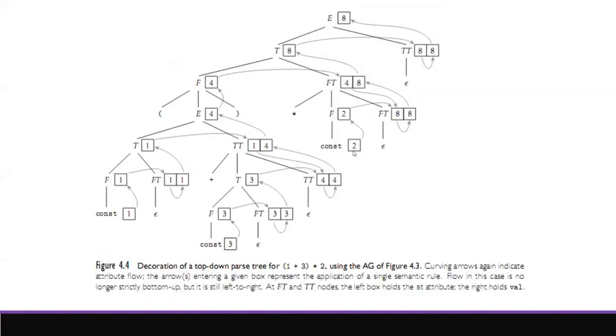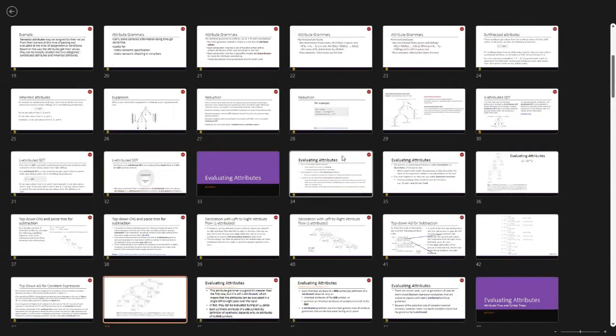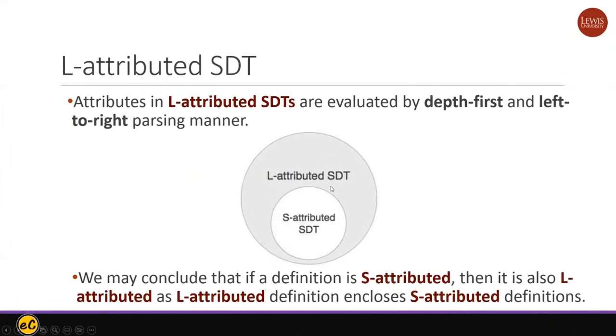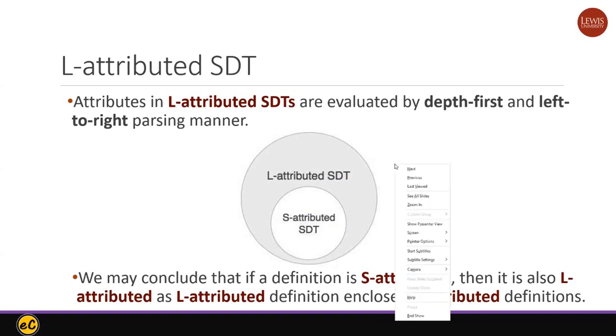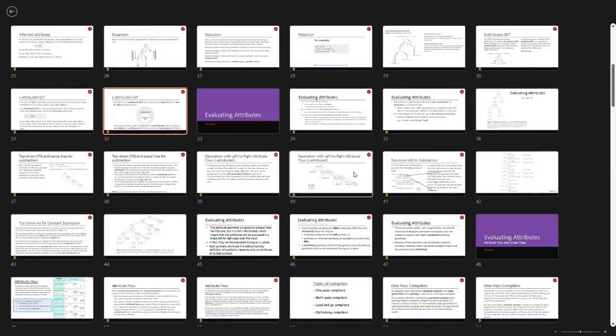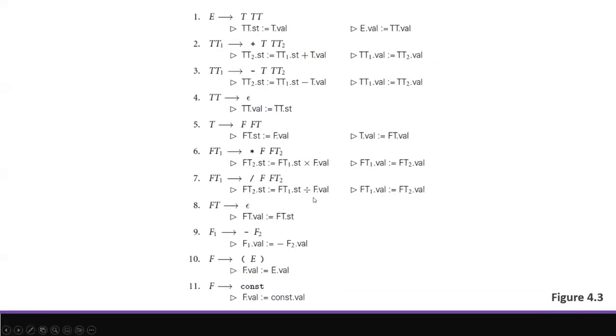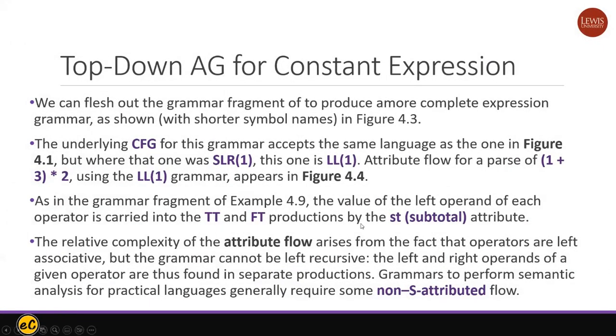It depends on efficiency and time, and also sometimes L attribute is more flexible. It covers more, but it's not as natural as the bottom up. And for some attributes like type, usually L attribute is better.